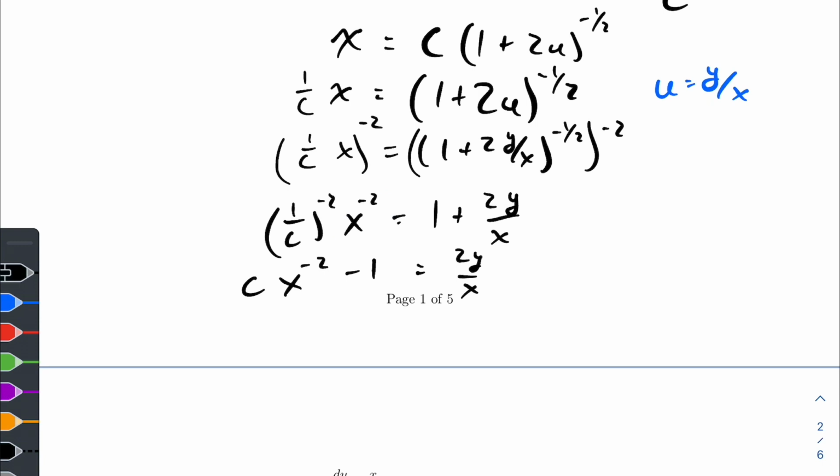And then I will multiply through by x. So cx to the negative 1 minus x is equal to 2y. And so y is equal to, dividing through by a 2, cx to the negative 1 minus x.